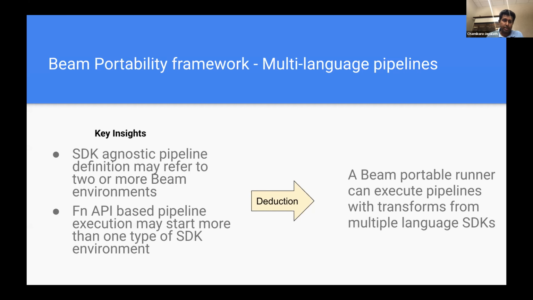Also, on the execution side, the Fn API-based pipeline execution is not limited to one environment. It could start up multiple environments in the same worker. Now, the deduction we came up with from these two insights is that a Beam portable runner can actually execute pipelines with transforms from multiple language SDKs. So the same pipeline can have Java parts and Python parts. These are called multi-language pipelines.